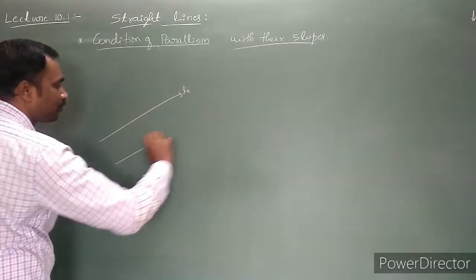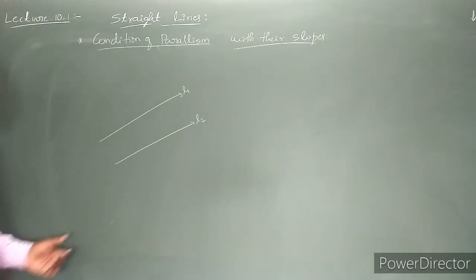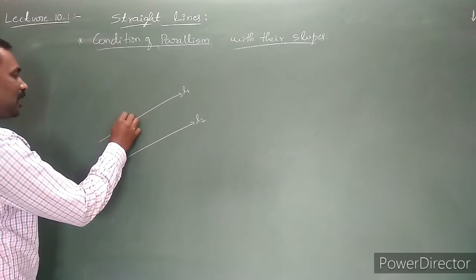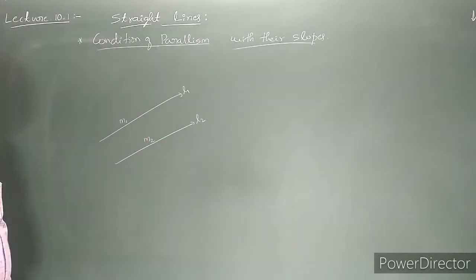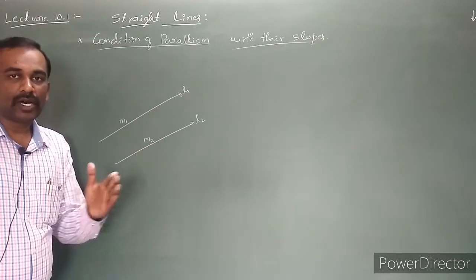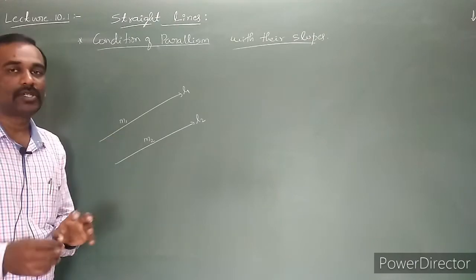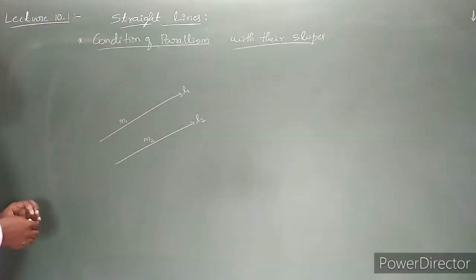This is the line L1 and this is the line L2. These 2 lines are given with their slopes: the slope of the line L1 is m1 and the slope of the line L2 is m2. L1 and L2 are the 2 lines having the slopes m1 and m2 respectively.